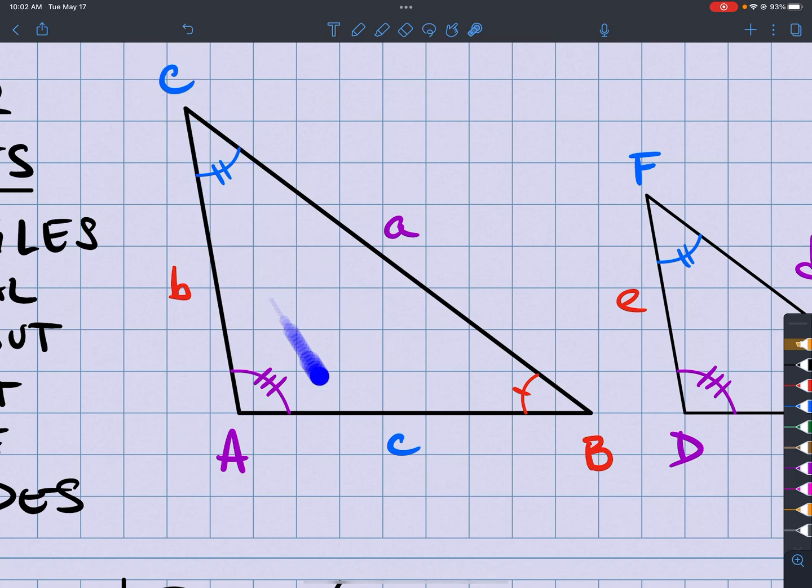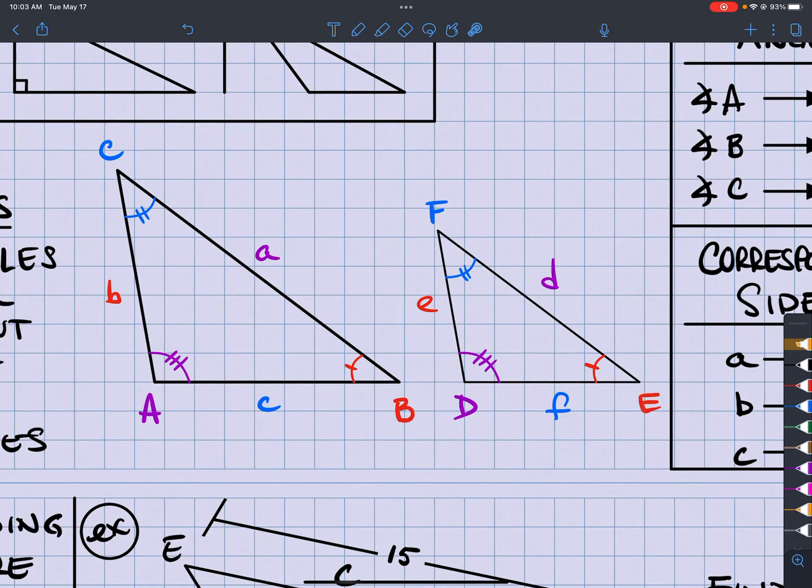So this is big angle C, which means this is lowercase side c. Capital B is the angle, while opposite of that is lowercase b for the side. Similarly on the other triangle as well.